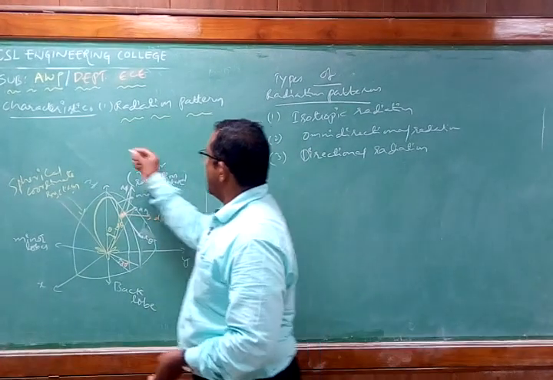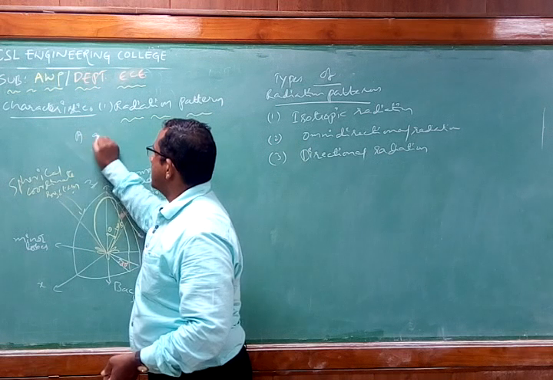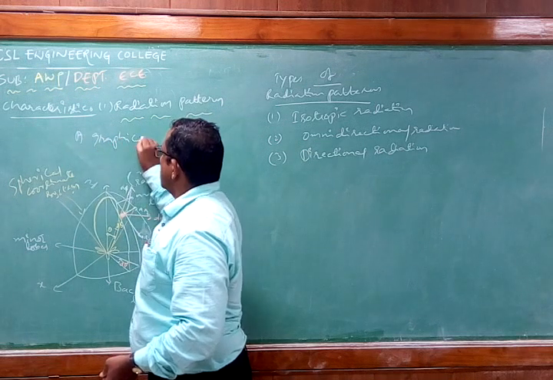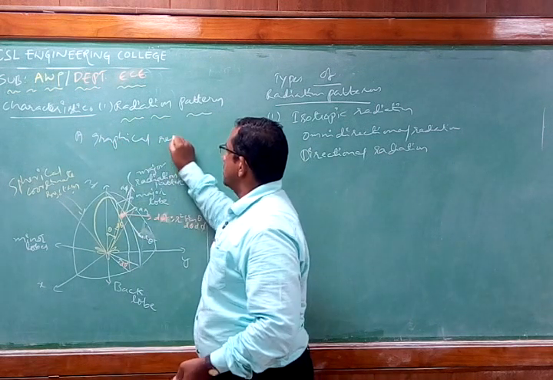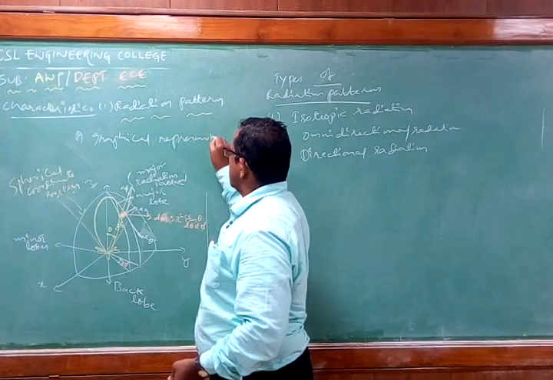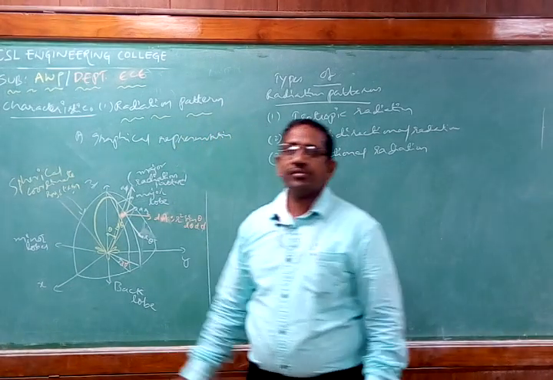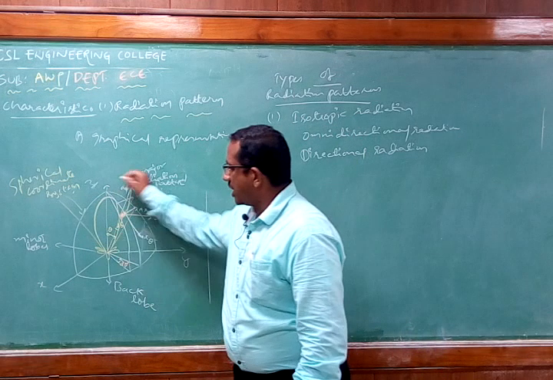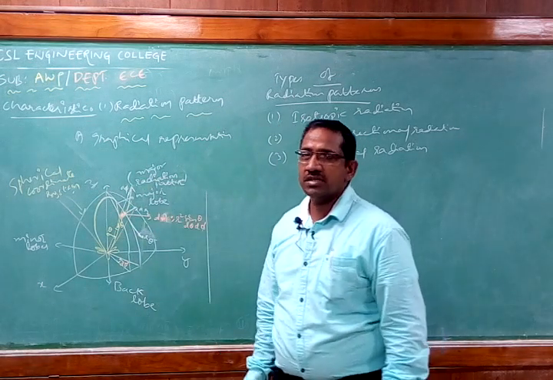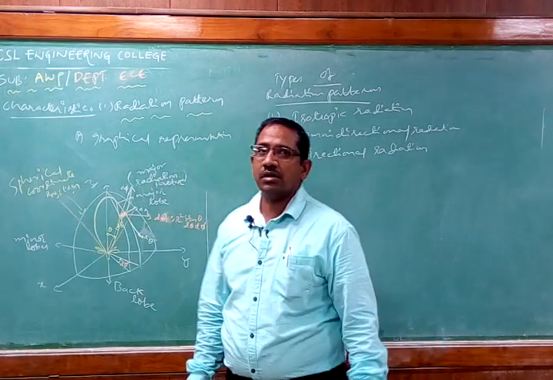Radiation pattern is defined as a graphical representation of an electromagnetic wave propagating in free space, which depends on the spatial coordinates.